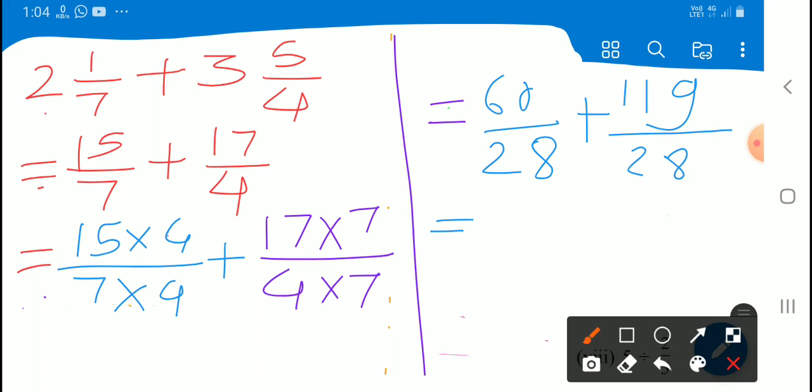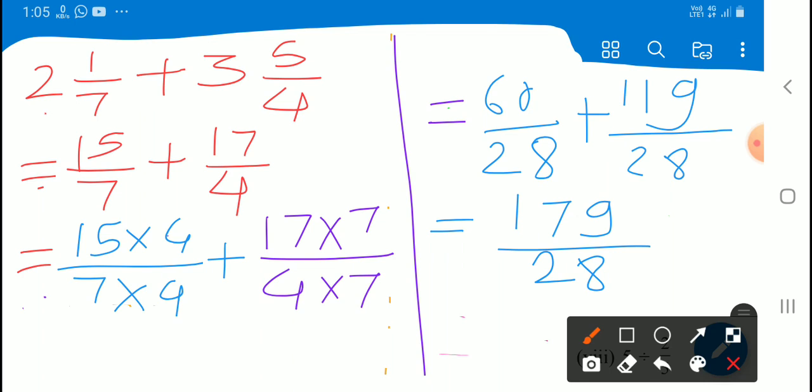Add these numbers here. If this number is divisible, you can bring it in reduced form, then reduce it. If not, then write as it is, otherwise convert into a mixed number.